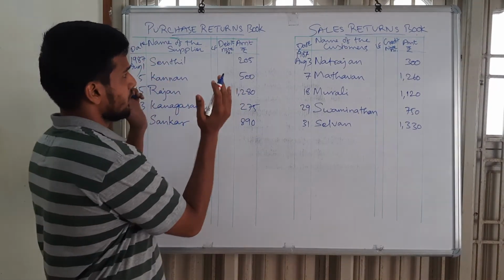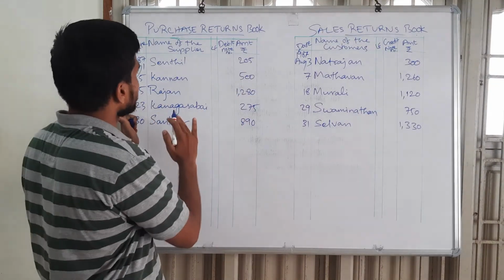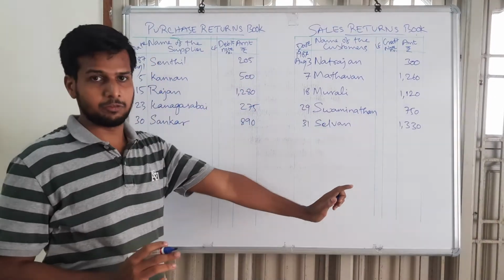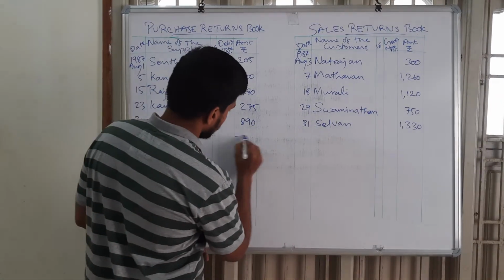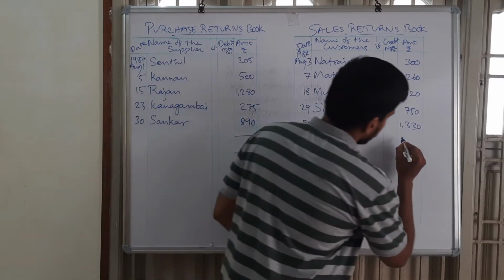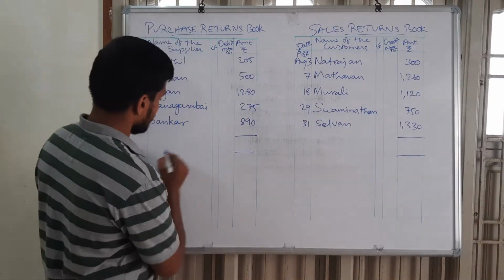We have classified the transactions into the purchase returns book and the sales returns book, and finally we need to put on the total, for both the purchase returns book and the sales returns book.